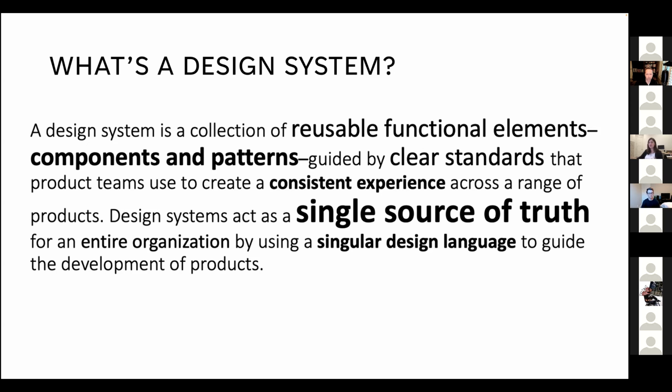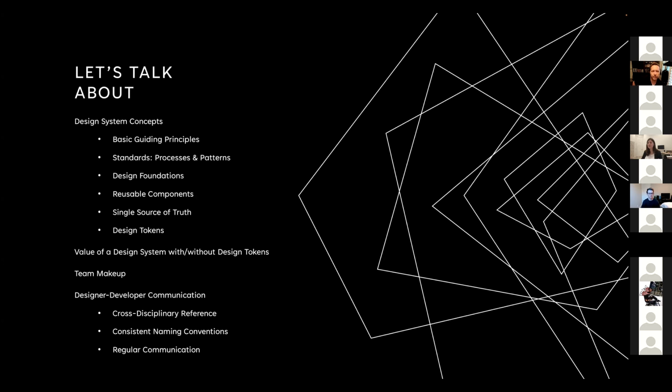So now that we know what a design system is, this is what I thought we could talk about today. Start with just basic concepts. We'll dig a little deeper into each of those main bullets. And with the design tokens, go real deep into those, and then talk about the value of having a design system, whether it's with or without design tokens, and talk more about team makeup.